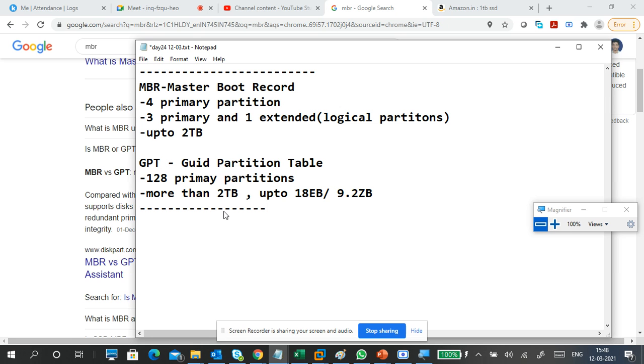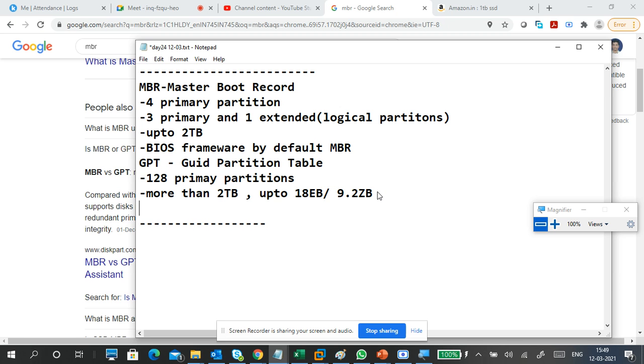And important: if you are using BIOS firmware, by default it is an MBR disk. If you have an empty disk and connect it with no operating system, the operating system automatically converts it into MBR.